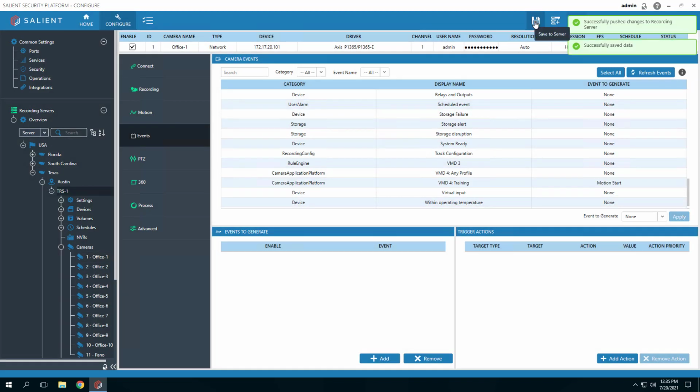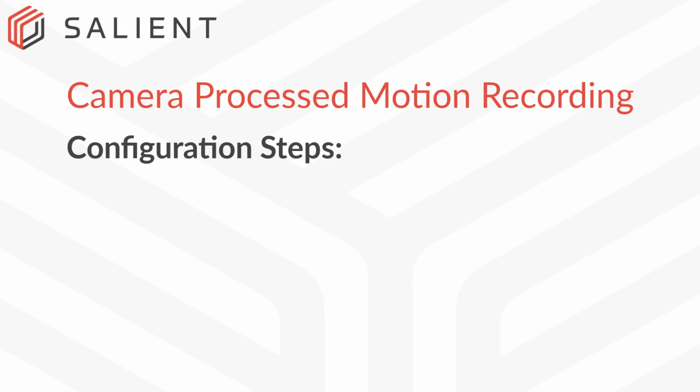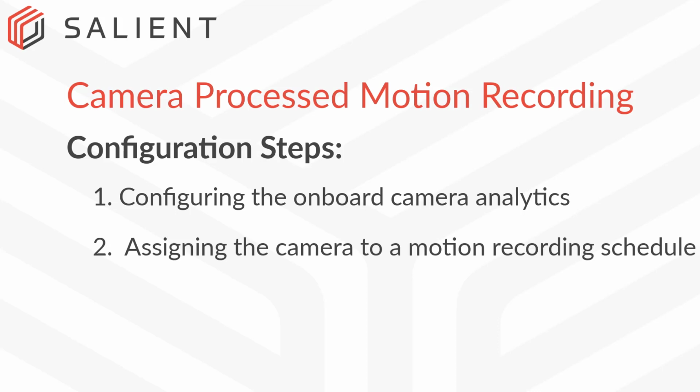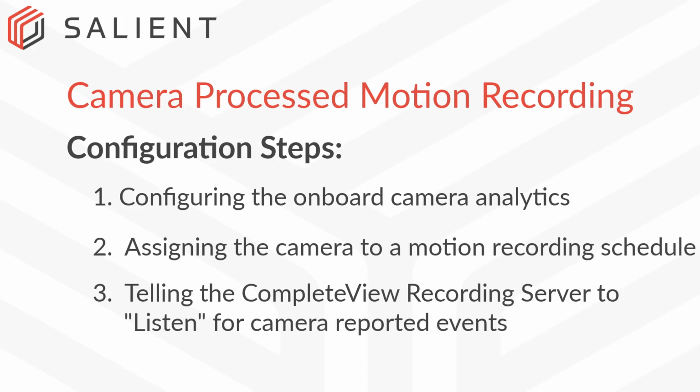Your camera and the recording server are now properly configured to record camera-processed motion events. To recap, what we have done is configured our network camera to detect motion events. We assigned the camera to a schedule that contains motion recording, and we configured the CompleteView Recording Server to listen for and begin recording when it receives those events.